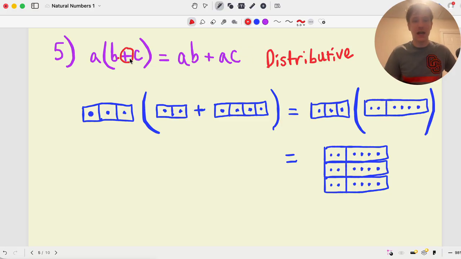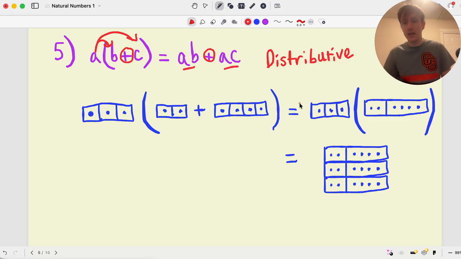So in this case, addition is inside the parentheses, so addition is going to be the big picture of what's happening. I'm going to be adding 2 things together. But the distribution comes from the fact that I am essentially distributing multiplication by a across to both of these terms. That's why I have a times b over here and a times c.